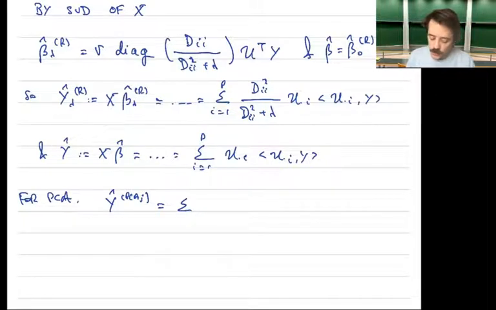So we have here the OLS prediction, which we're used to. It should be familiar to everyone that you have this set of vectors that are uncorrelated, and this set of vectors spans the column space of the design matrix.